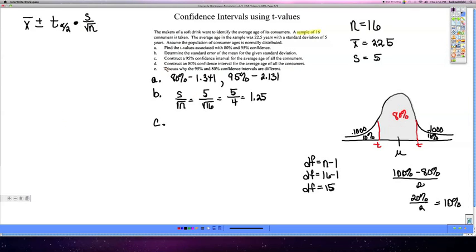So, for part C, the 95% confidence interval for the average age of all consumers, we will use 2.131 as the t-score. We'll use s divided by the square root of n, which is 1.25. And we will add and subtract that to our sample mean, which is 22.5.